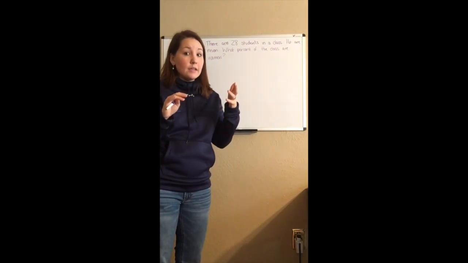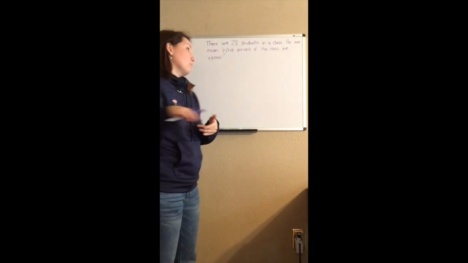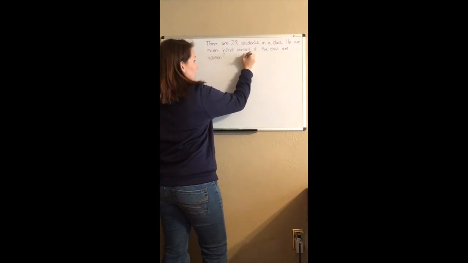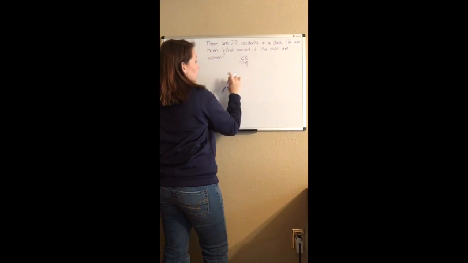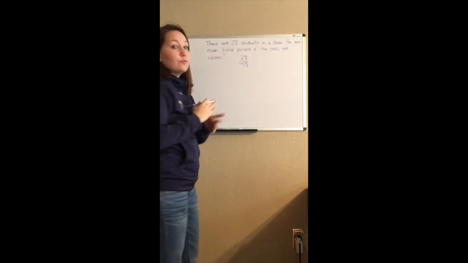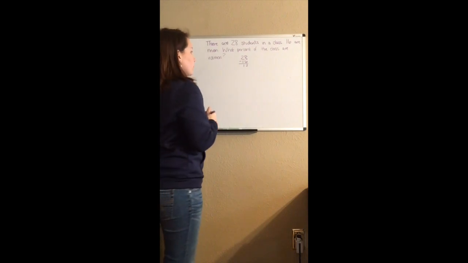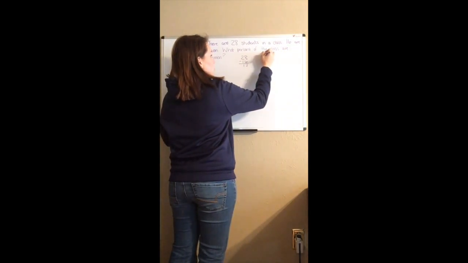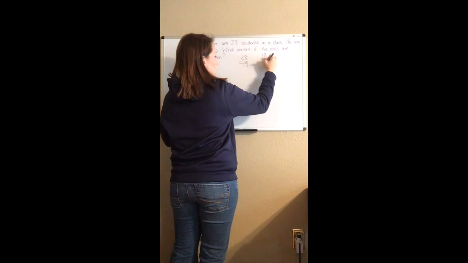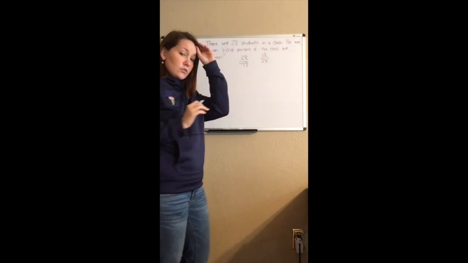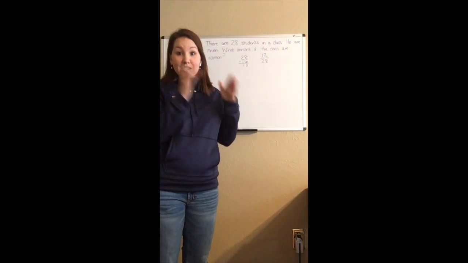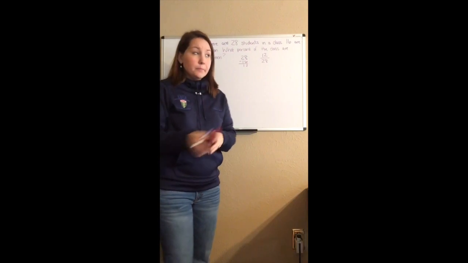So in this one, we have 28 students, 16 are men. So if 16 are men, the rest of them are women. So if we say 28 minus 16, so 12 students are women, are females. So we can make that a fraction, 12 of the 28. So we want to go fraction, decimal, percentage.